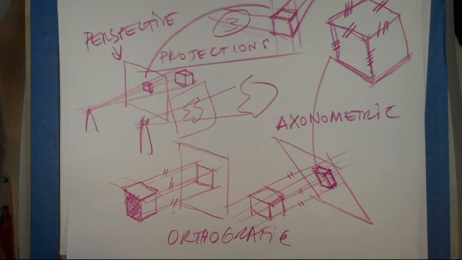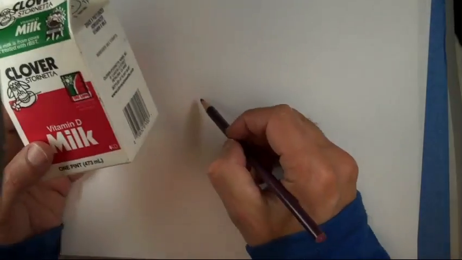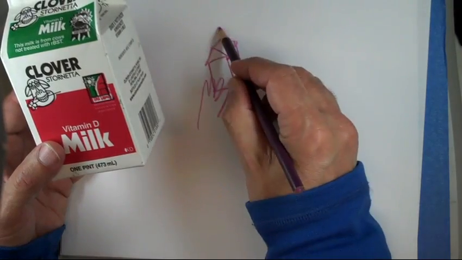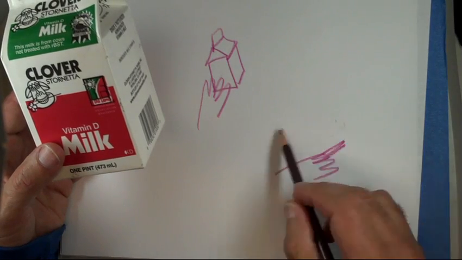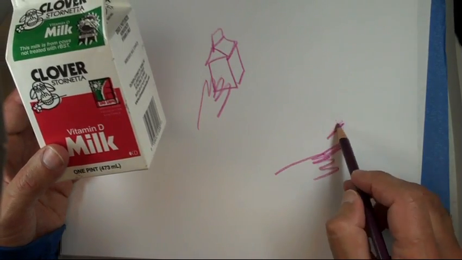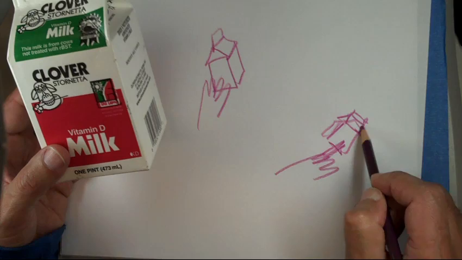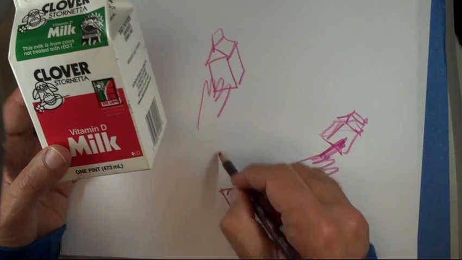When we draw, we're really looking through an imaginary window. Even when I copy something, let's say I'm holding this object in my hand and my other hand is drawing it. My eye is here, and I'm looking at that.